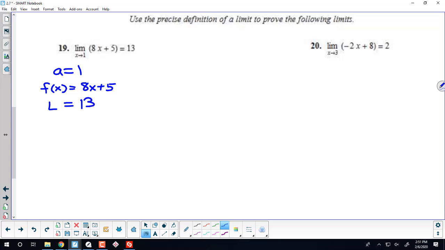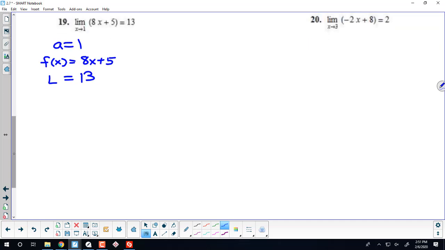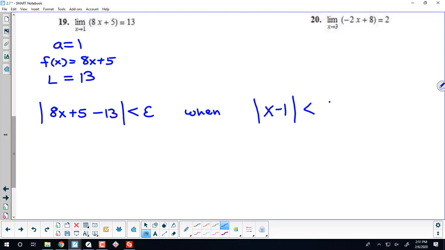So just from that statement, I can identify a, f of x, and L. And the definition says that the absolute value of f of x minus L is less than epsilon whenever the absolute value of x minus a is less than delta.